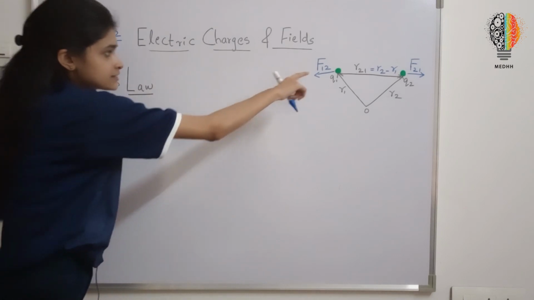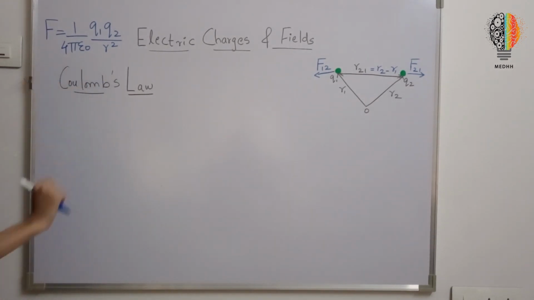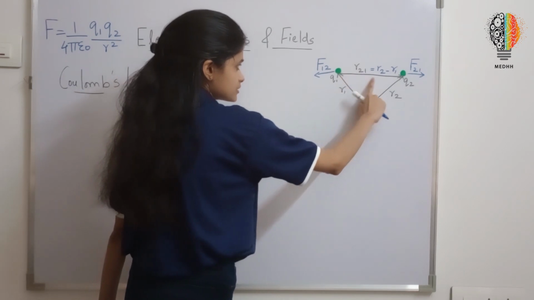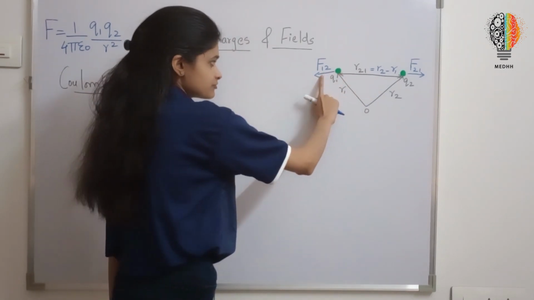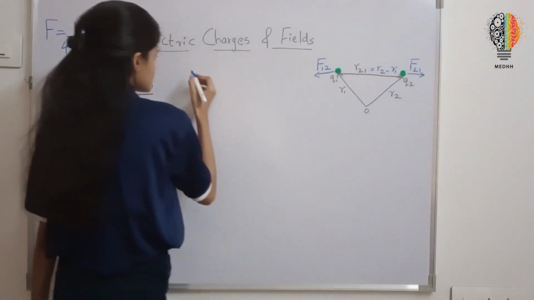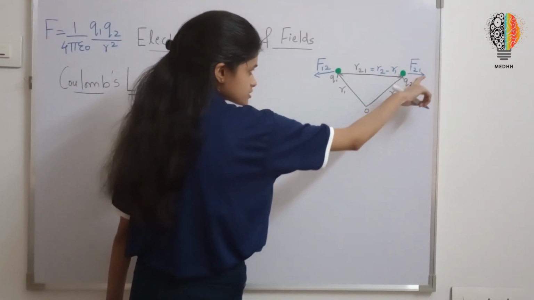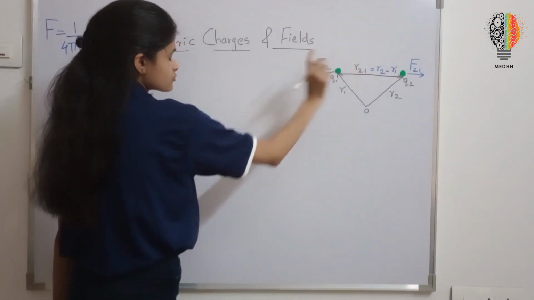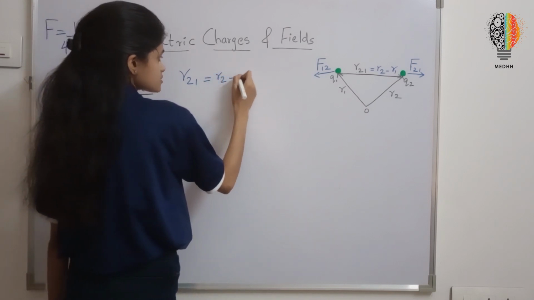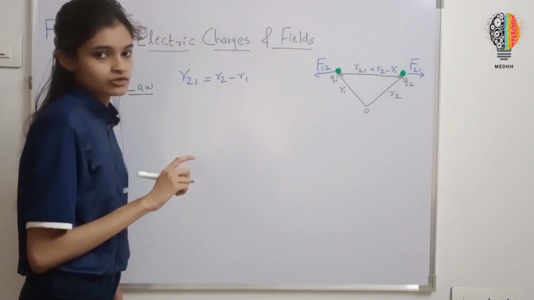Now for each of these forces, we need to write Coulomb's law in this direction. So for that, the radial vector will be different for both. Let's consider F21. For charge q2, the force is F21. So for F21, what will be R21? We know that R21 is R2 minus R1. We need a unit vector also, because we are writing Coulomb's law in vector notation.